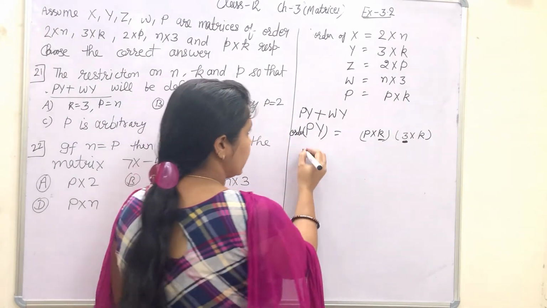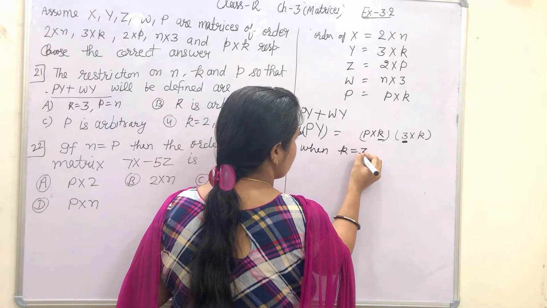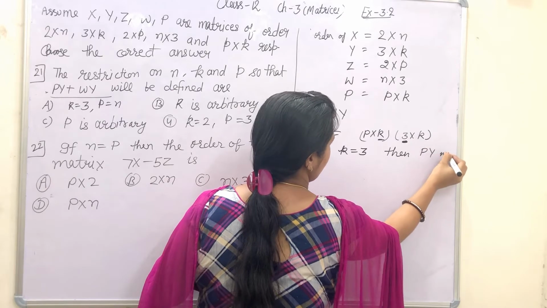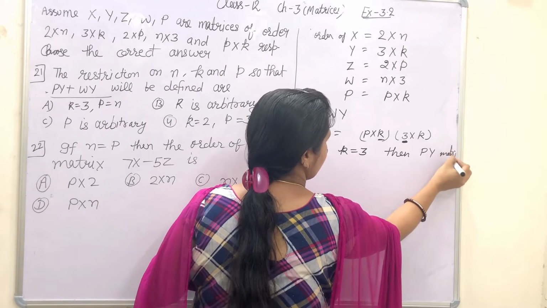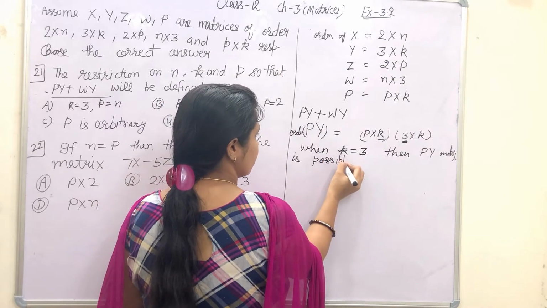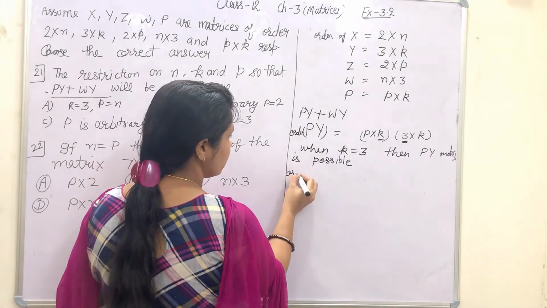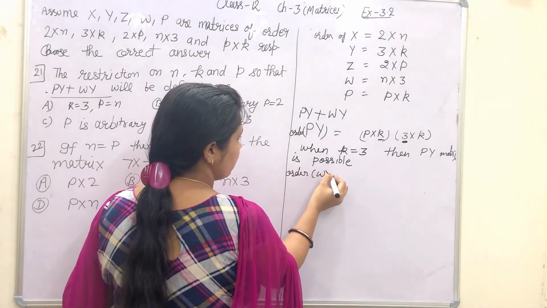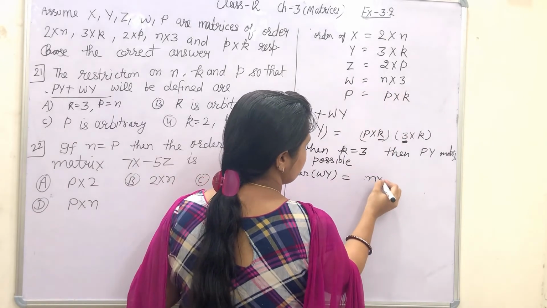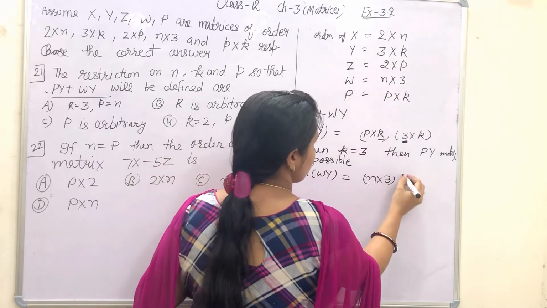Means when k equal to 3, then py matrix is possible. For wy we can also check the order of wy. Order of w is n cross 3 and order of y is 3 cross k.